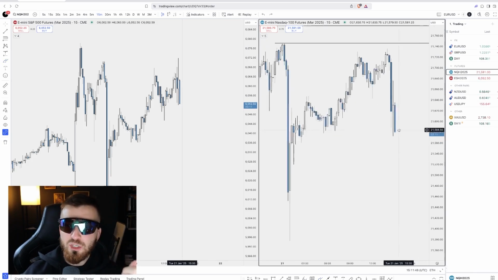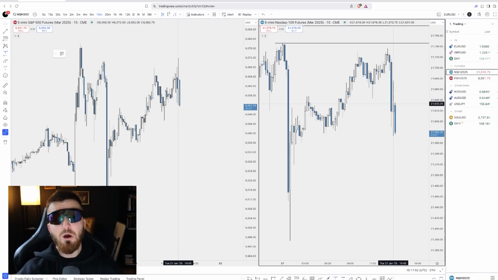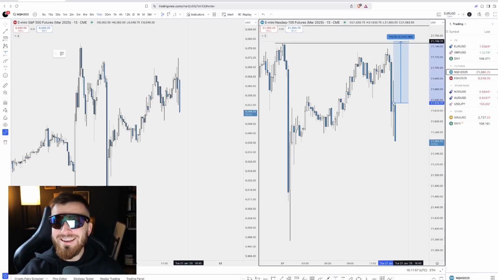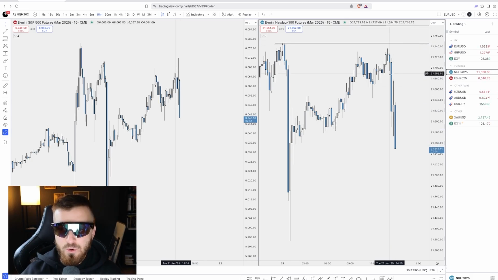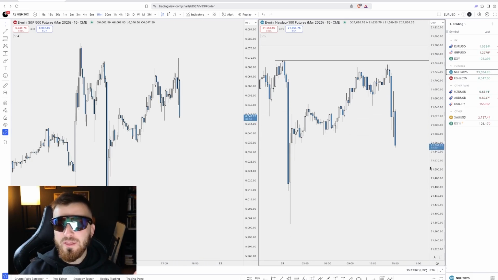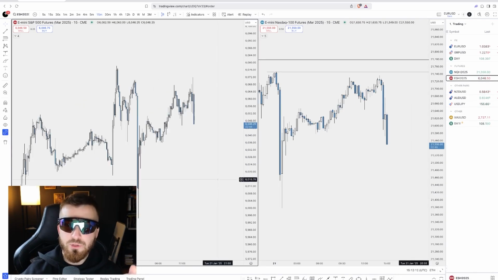Because so many traders see this and they think, oh my God, this just means that now I have a way higher risk to reward for NASDAQ, so I'm going to execute on NASDAQ. When in reality, you're just shooting yourself in the foot. When you are bearish, you want to trade the most bearish pair. When you are bullish, you want to trade the most bullish pair.